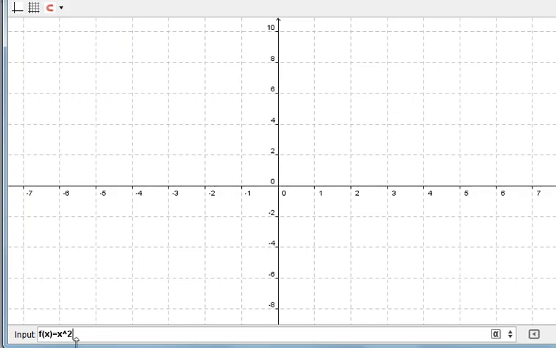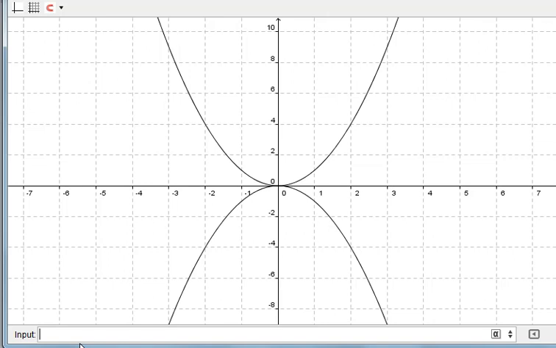As you can see here, I've got f of x equals x squared ready to input into my graph, so I'm just going to press enter, and there's x squared there. If I multiply by minus 1 outside the brackets, then I've got minus f of x, and if I press enter now, then as we can see, if we analyze, say, a point, we've got (2, 4) here, and that's been transformed to (2, minus 4).